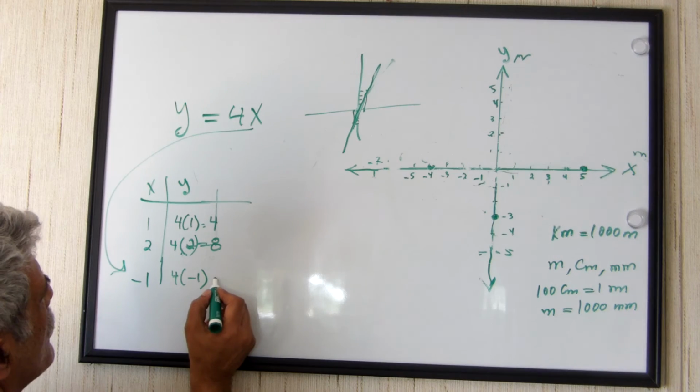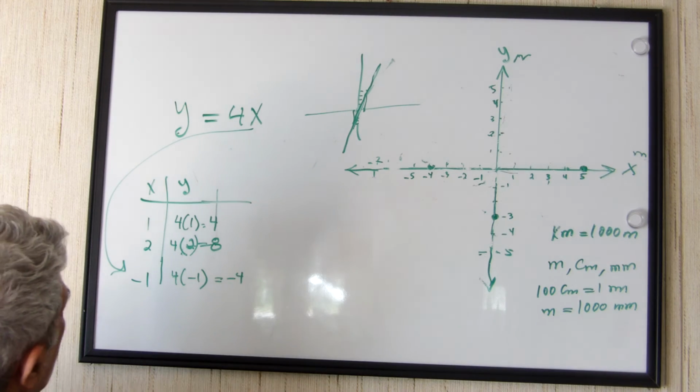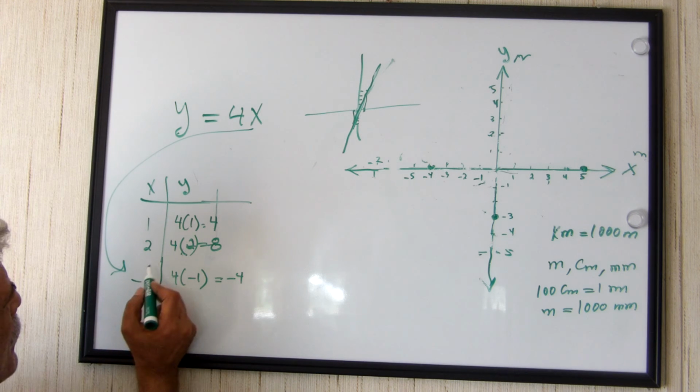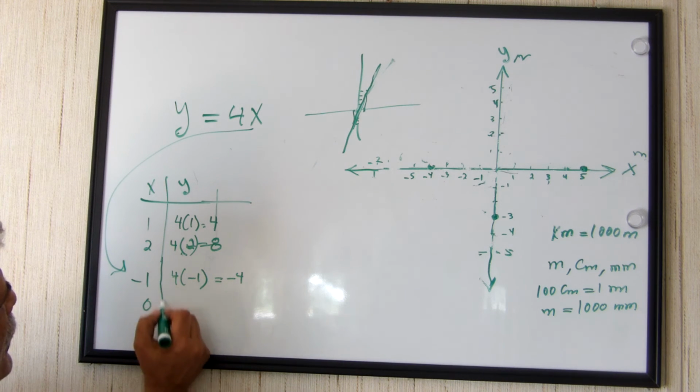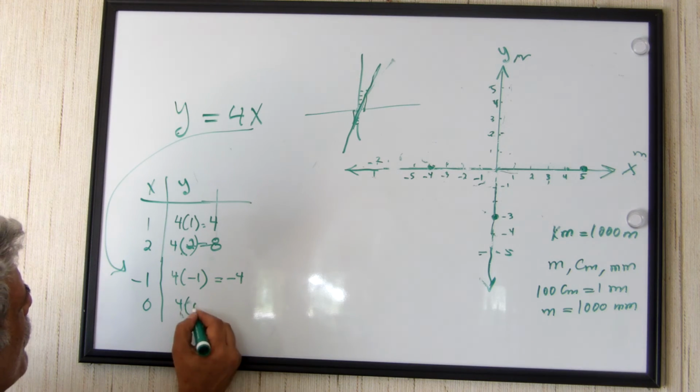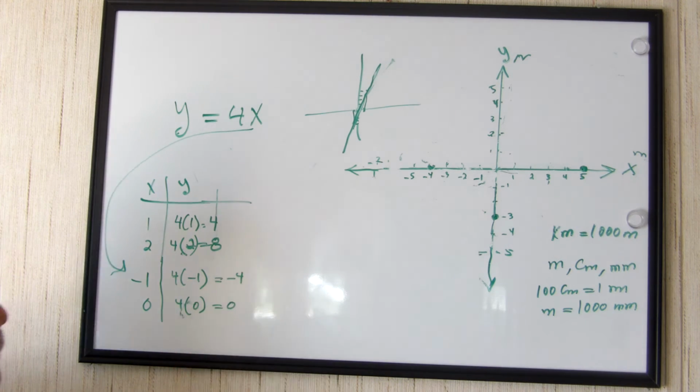So 4 times minus 1 is going to be minus 4. Or let's give 0 to it. If x is 0, y is going to be 4 times 0, which is equal to 0. Whatever you multiply by 0, the result is going to be 0.